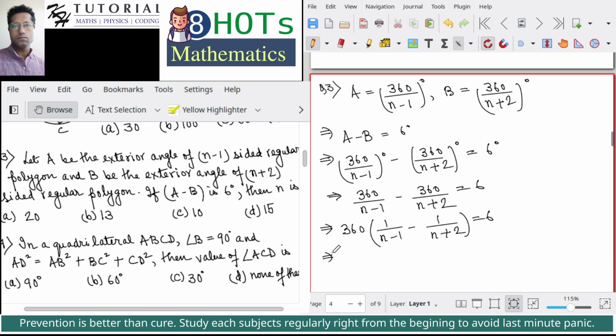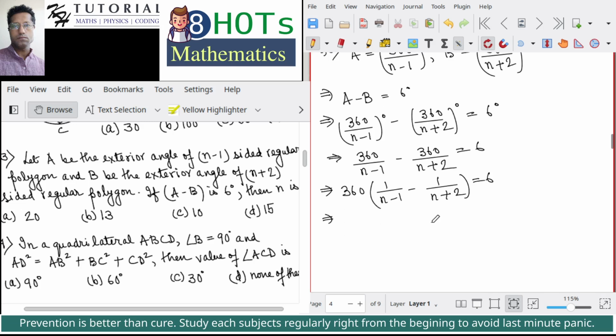So this implies we can divide both sides by 6 and we will get 60 multiplied by, but first let's simplify this part. So this is equal to 360 multiplied by, I hope you know how to do addition and subtraction of rational numbers where the rational numbers have variables.